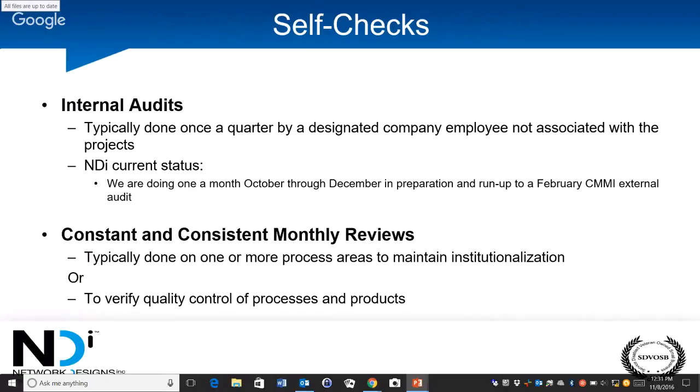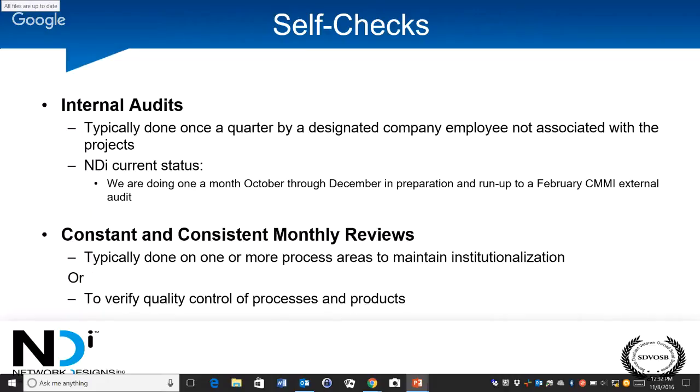we are doing internal audits. Typically internal audits are done once a quarter by a designated company employee not associated with projects. In other words, by someone that is not part of a project team, someone outside of the projects. They go and look at the process areas that we're going to be evaluated on, and they determine, are we doing what we say we do?